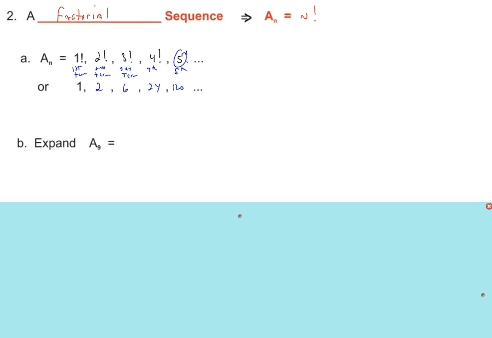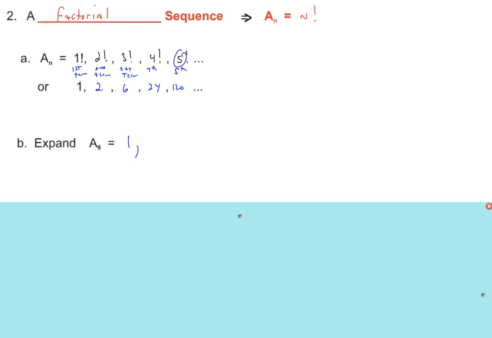So here, if they say expand a sub 9, and again, we're telling you this is a factorial sequence, so they want you to start off with 1 factorial, and again, you got to use commas, so go ahead and expand it. And you know what? Let's save time here. Let's go back the other way. Let's just do the values.